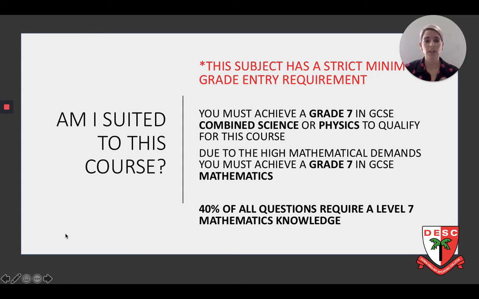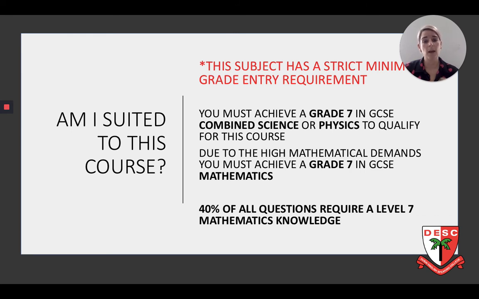Are you suited to this course? Physics is known as a challenging subject, so as a consequence, there are strict minimum entry requirements. There are 2 requirements. The first is that from GCSE Science or GCSE Physics, you have a level 7 or above. We also ask for a second entry requirement, and that is a level 7 in GCSE Maths.